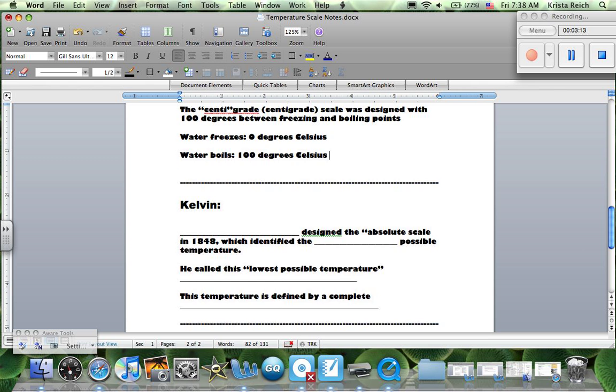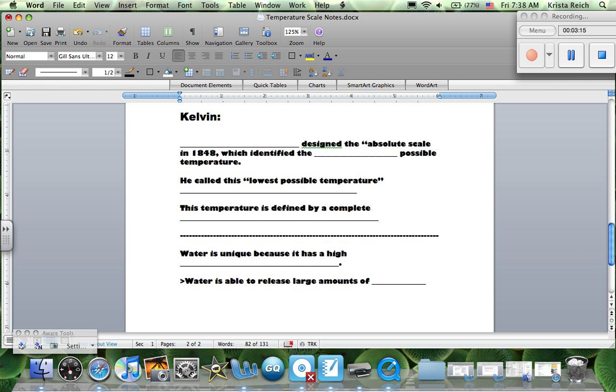And then our last scale is the Kelvin scale, and the Kelvin scale was developed by a man named Sir William Thomson, who later changed his name to Lord Kelvin, and he designed what's called the absolute scale in 1848, which was almost a century later, and it identified the lowest possible temperature that can occur in the universe.